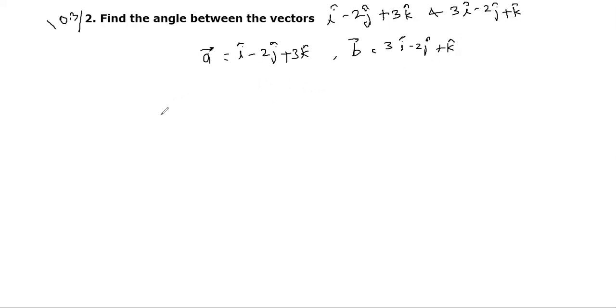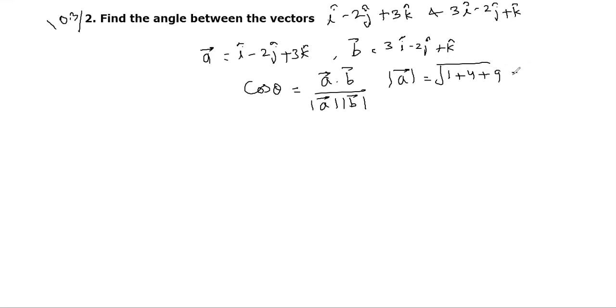As you know, the formula for finding the angle with dot product is cos theta equal to A dot B divided by magnitude of A into magnitude of B. To find the magnitude of A first, it is under root 1 square 1, 2 square 4, 3 square 9.